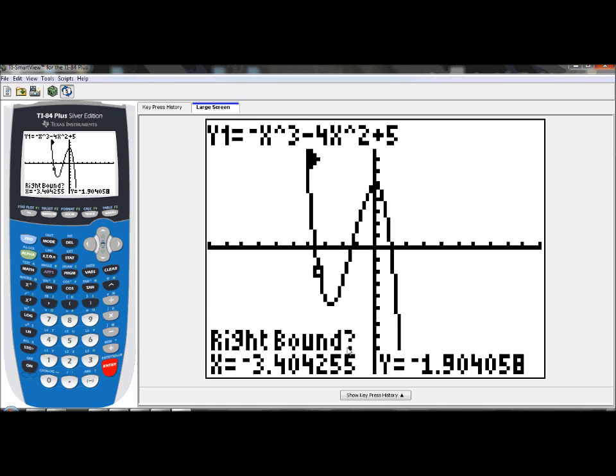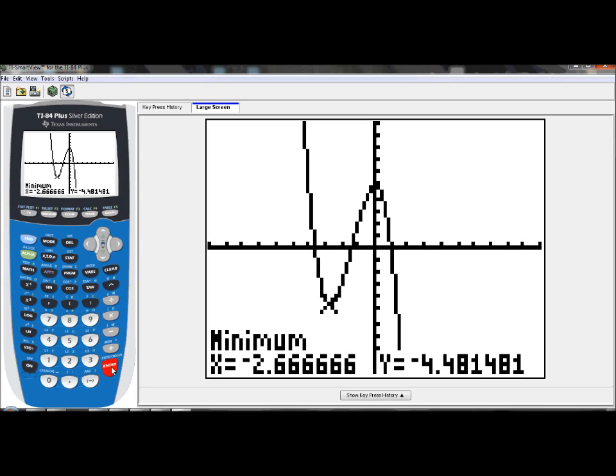Now you hit enter, and you have to do the right bound. So go to the right, mark a point to the right of that minimum. Guess, just hit enter again. And so I have a relative minimum at negative 2.67, negative 4.48. I would plot that point, and then you could connect and see curves.